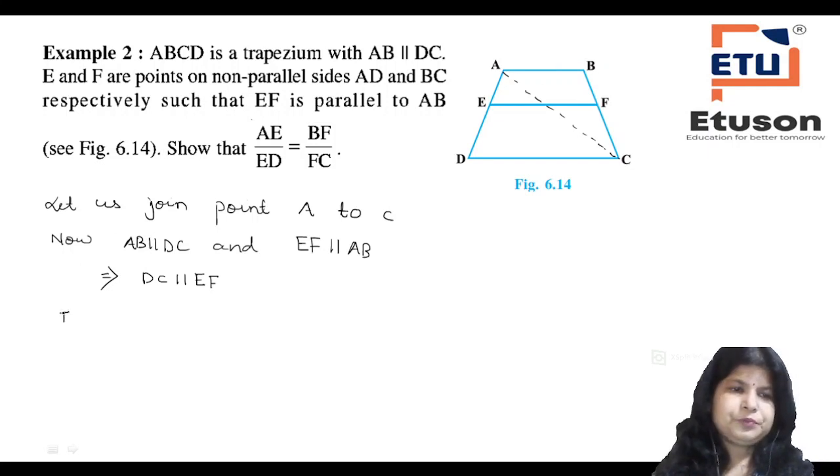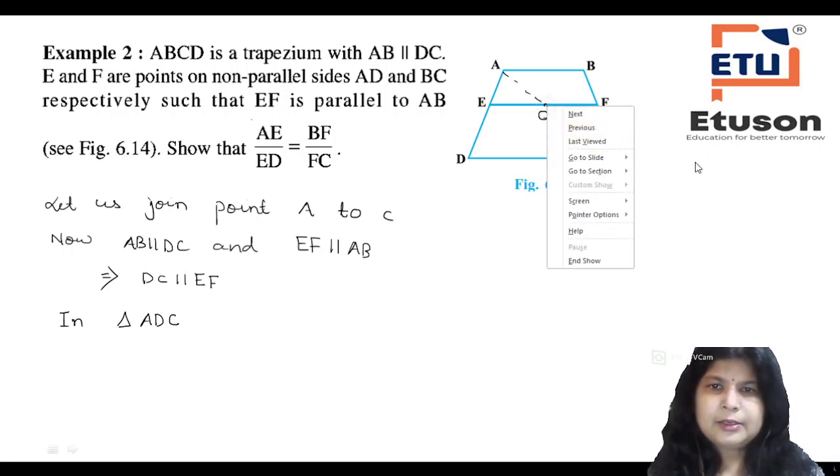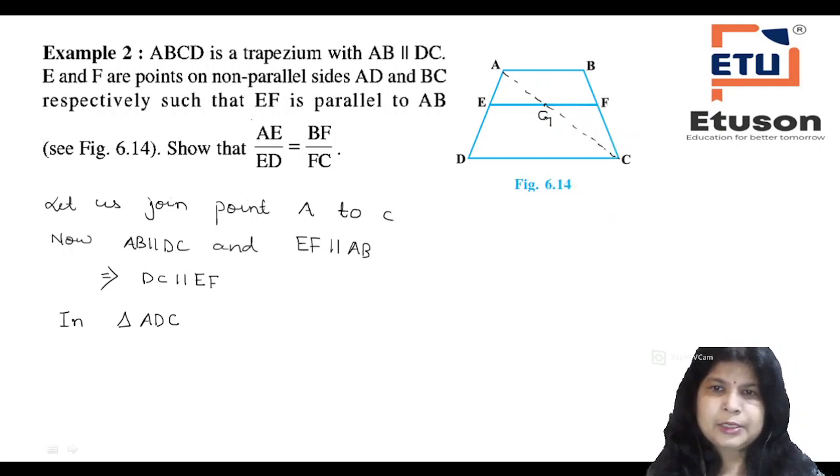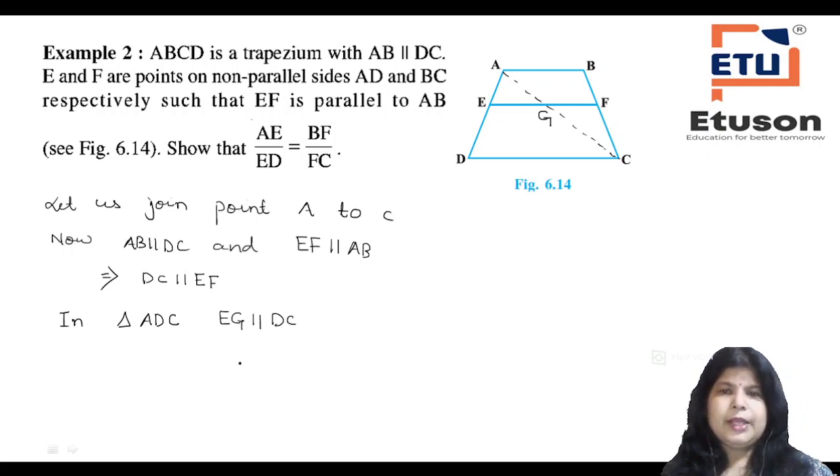So now in triangle ADC, let the point at which AC is intersecting the line EF be G. Now in triangle ADC, as G is on the line EF, you can write EG is parallel to DC, right?